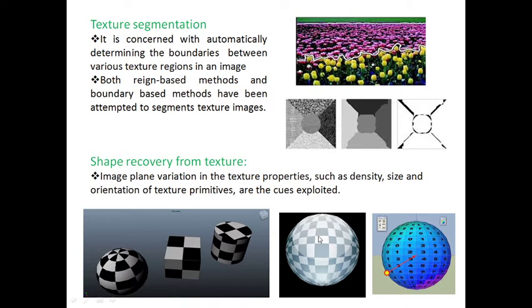So it is indirectly giving me a feel that it is resembling the structure of a sphere here. The same thing you can see, and also the density of the texture is getting shrunk here.